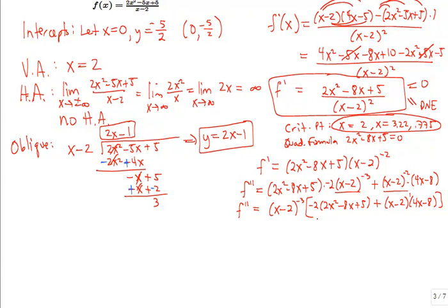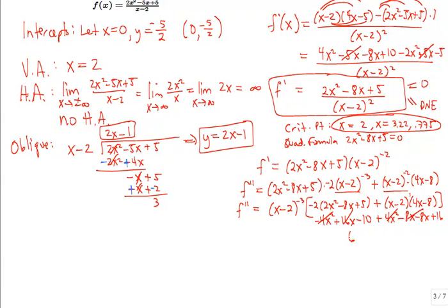So distributing inside, I'll get a negative 4x squared, a positive 16x, and a minus 10. And over here, I'll get a 4x squared, a minus 8x, another minus 8x, and a plus 16. So the 4x squareds cancel. 16x minus another 16x means those guys cancel, and negative 10 plus 16 is just a 6.